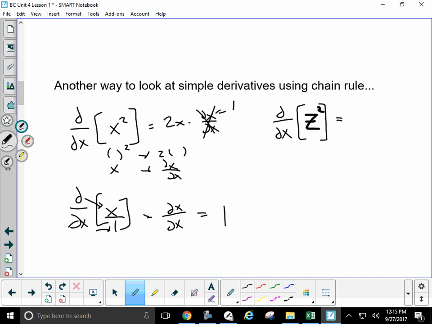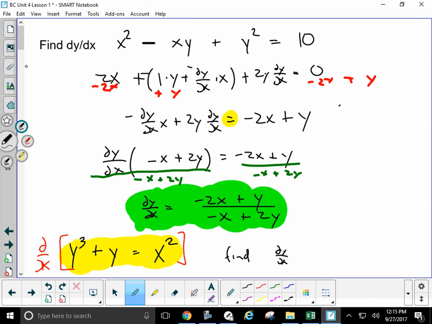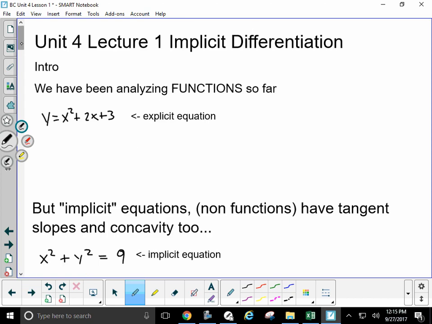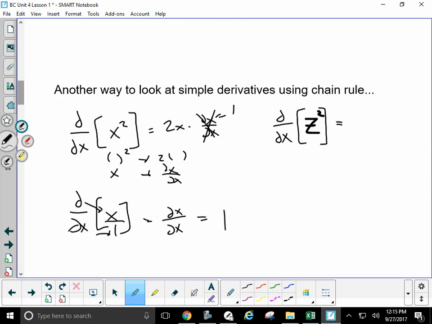But if I had the derivative of z squared, we would need a dz dx. Using that multiplication, outside squared, inside z, taking the derivative with respect to x of z, d z dx times 1, dz dx.